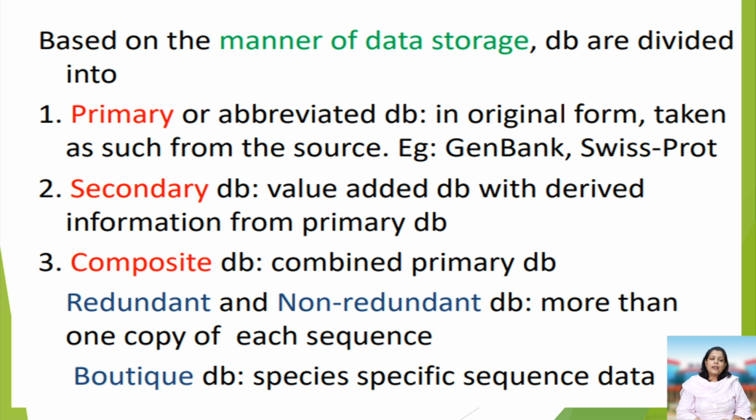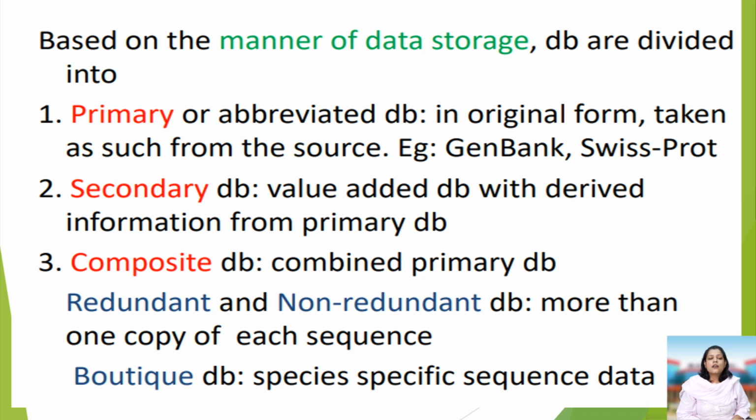Based on the manner of data storage, databases are divided into three types: primary database, secondary database and composite database. Primary databases store data in original form, experimental data from researchers and the scientific community, for example GenBank and Swissprot.